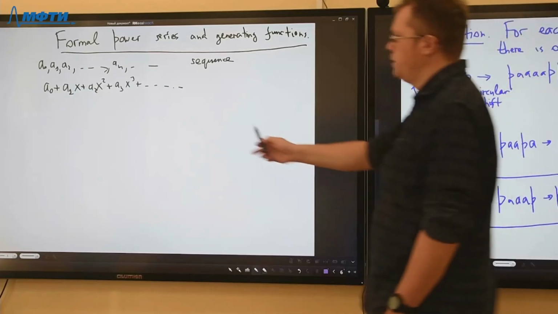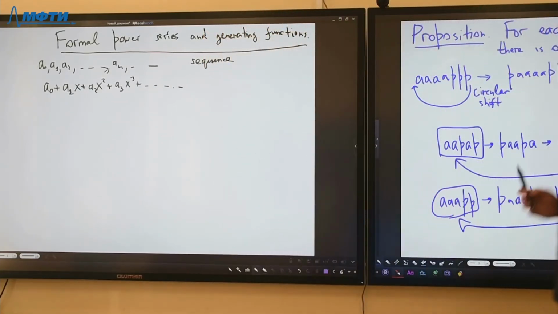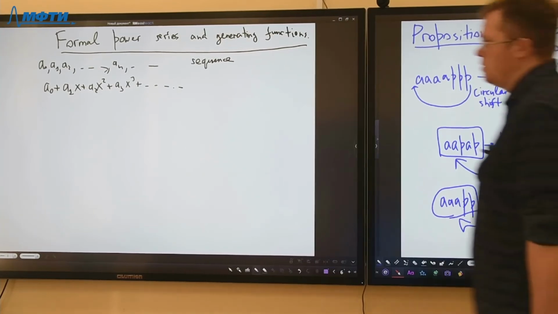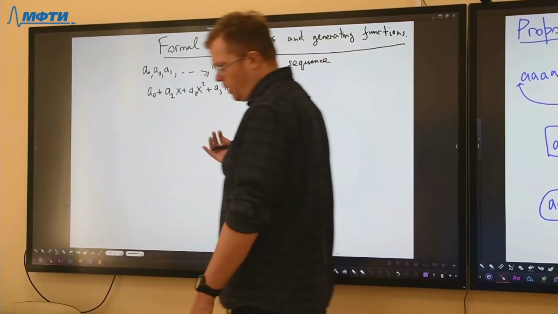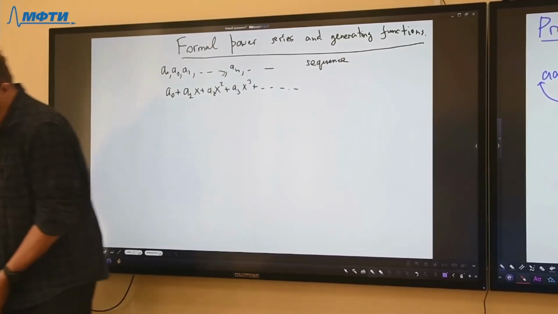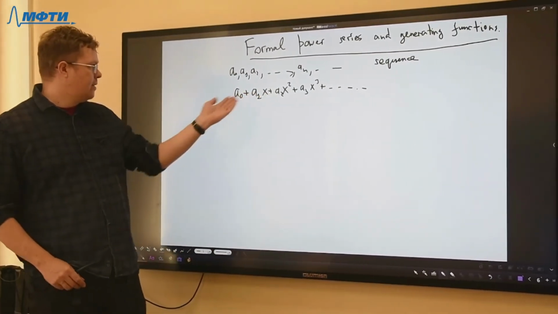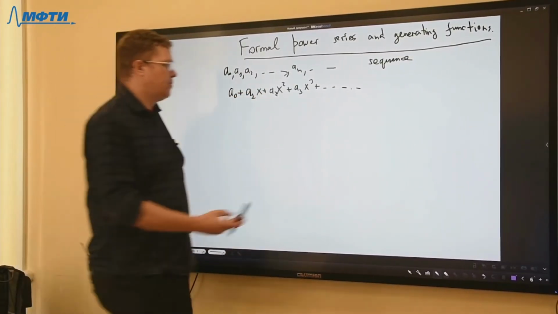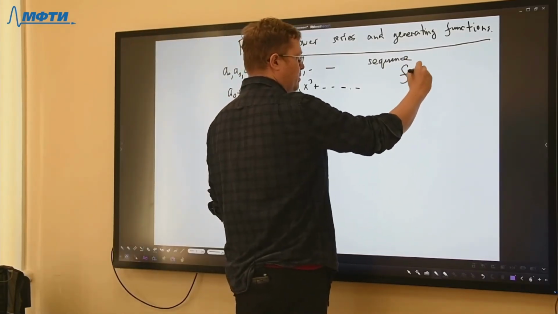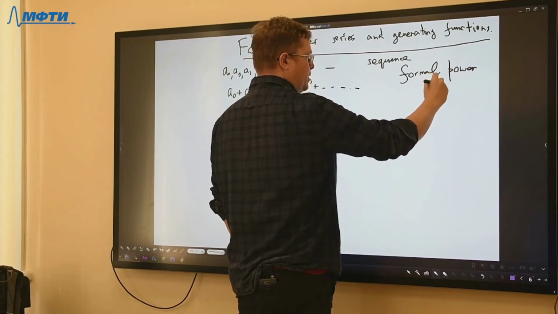Does this series converge or is it non-convergent? So you can say something about these functions, which will help you find the properties of the sequence a_n. So we need to discuss these guys called formal power series.